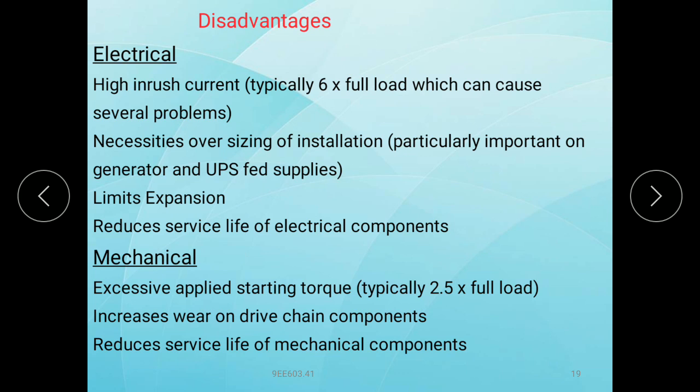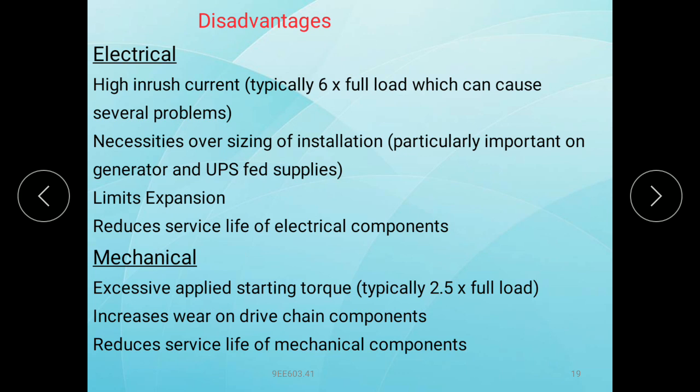So the disadvantage here is high inrush current, typically 6 times full load, which can cause several problems. There is a necessity of oversizing of the installation, particularly important on generator and UPS fed supplies.